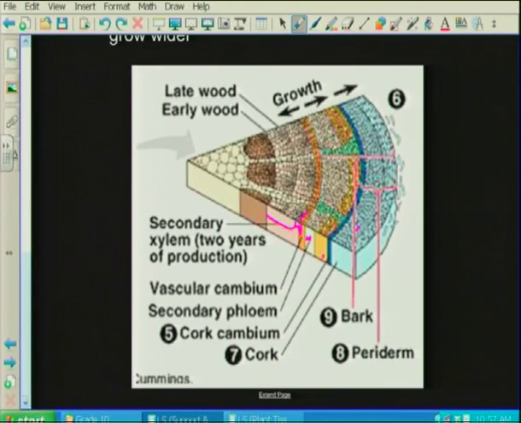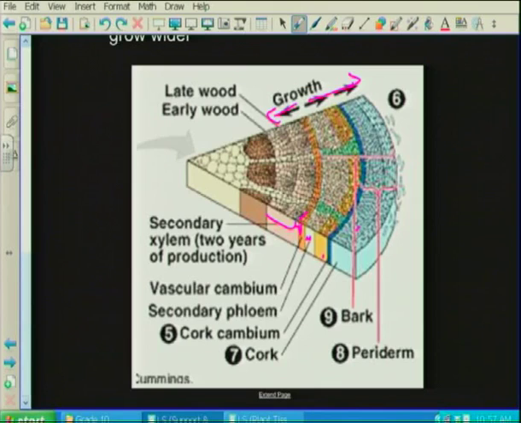So the growth happens in this direction and in this direction, because the cells become meristematic and start dividing in both directions. It's not the xylem and the phloem that divide, but the meristematic cells here at the vascular cambium. They start dividing towards that direction, and they start dividing towards this direction.